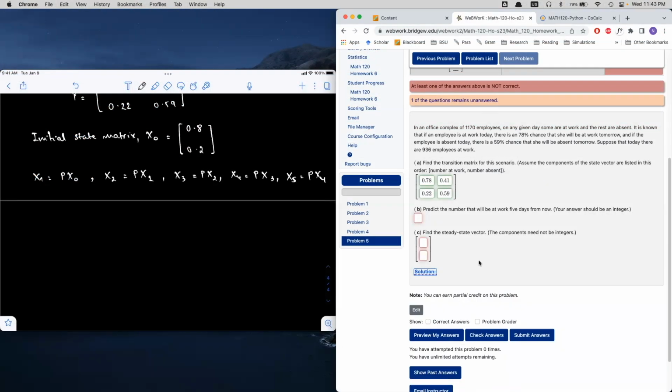So now we move on to the last part of the problem, to find the steady state vector, or the steady state matrix, right? And again, to find the steady state matrix, you need to set up the matrix of the form x1, x2.